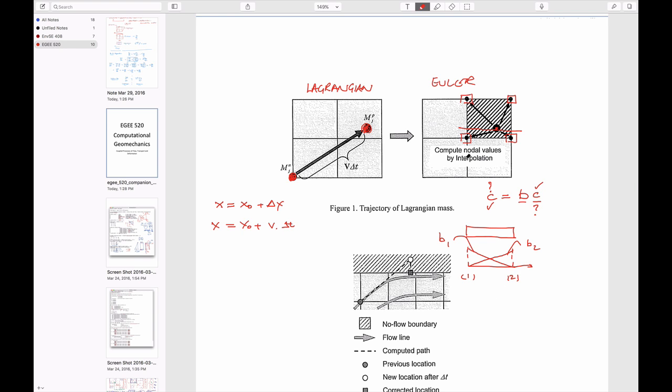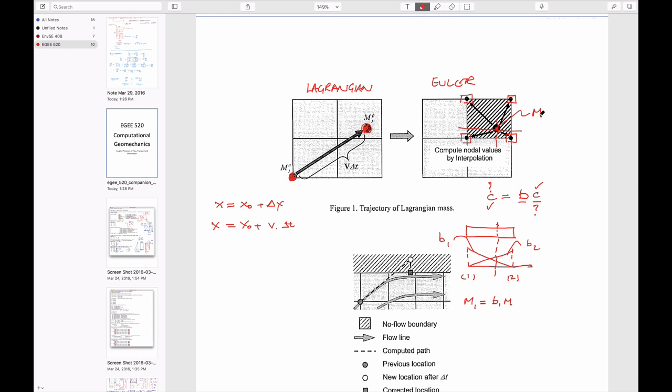Then the magnitudes of the concentration, so if indeed our mass was present at this point here, and we draw that down through here, whatever those would be, then we could calculate that the mass applied at node 1 is equal to the value of B1 multiplied by the mass.